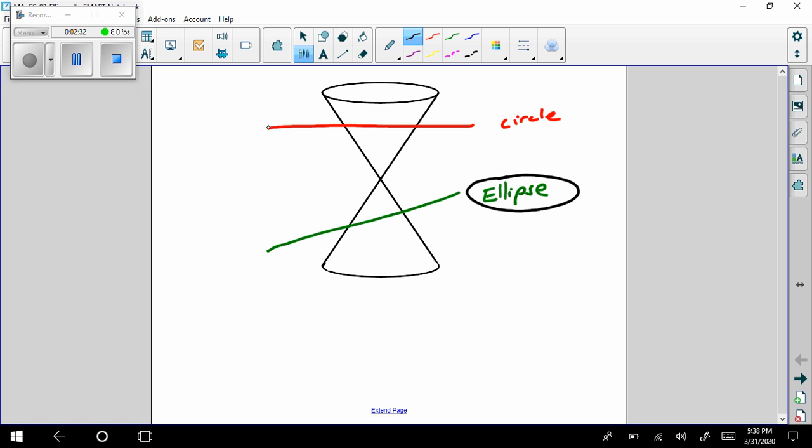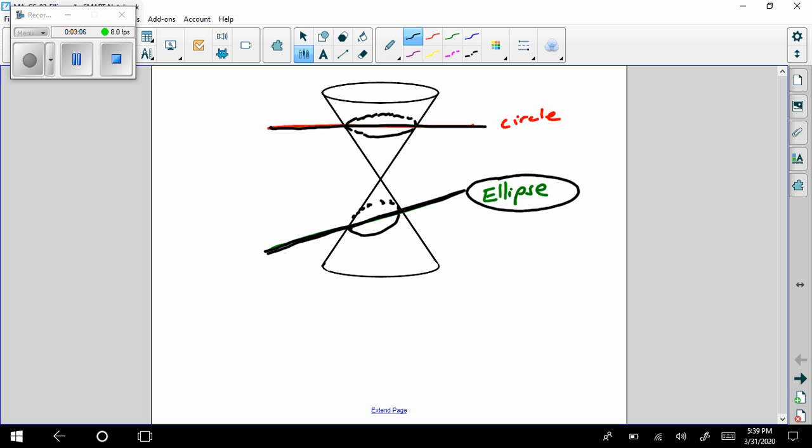You get a circle if you take a piece of paper or a piece of wood or a piece of metal and put it straight through the conic section, so you get something parallel to the base that creates another circle. If you take that same piece of metal and put it through the conic section diagonally, then you get the oval shape, or what's called an ellipse.